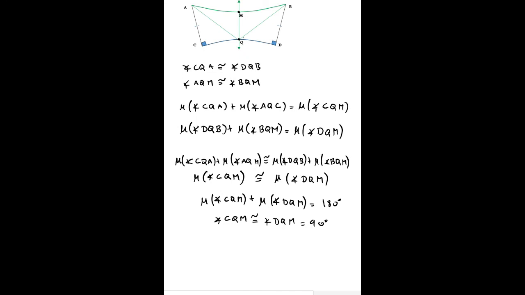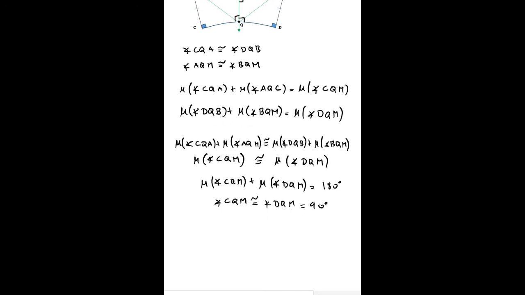And if you look at that, those are congruent, and this and that are congruent. Well, that satisfies our initial goal, that alternate interior angles are congruent. Therefore, AB must be parallel to CD.